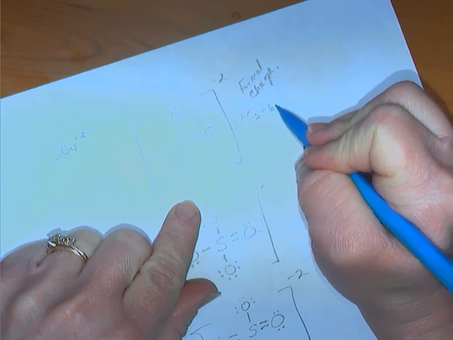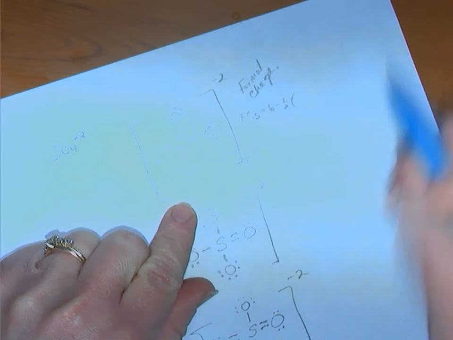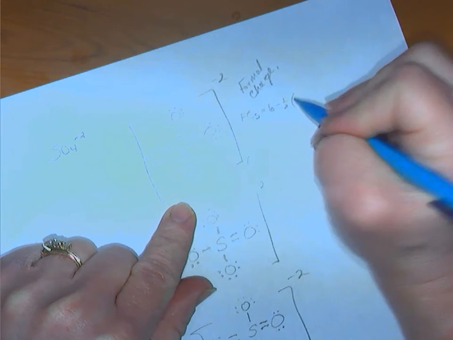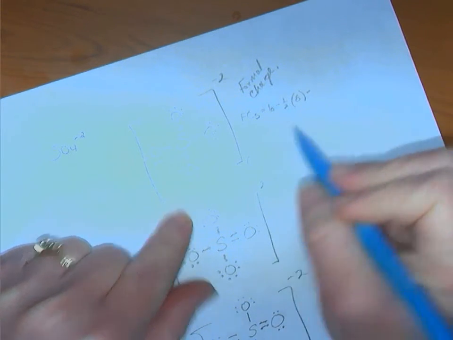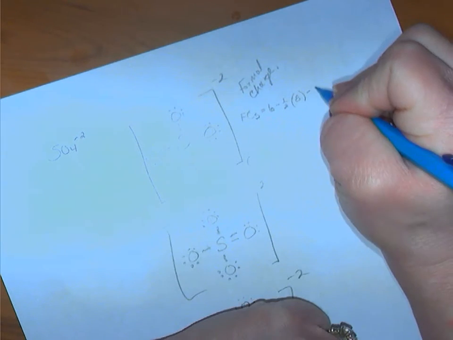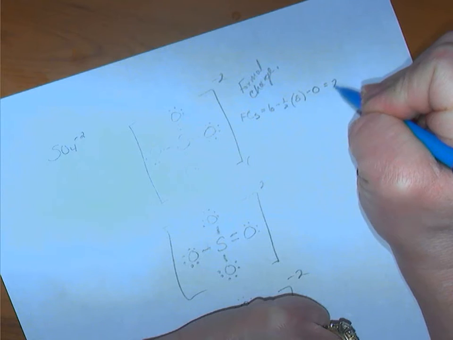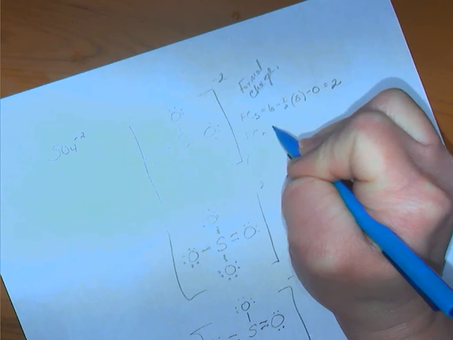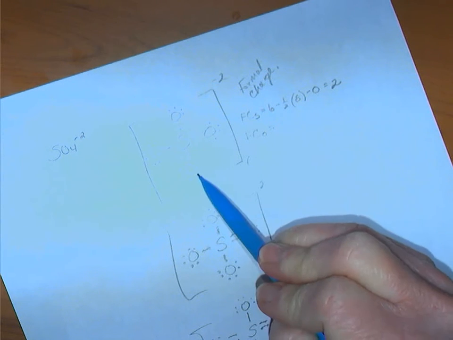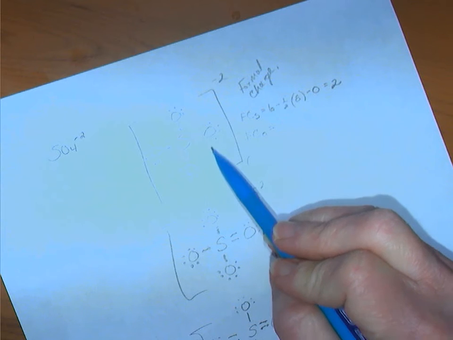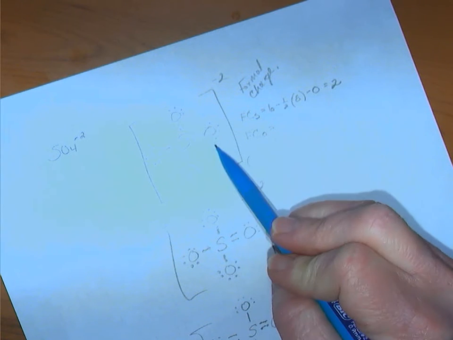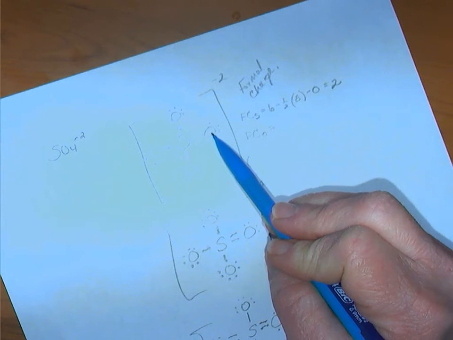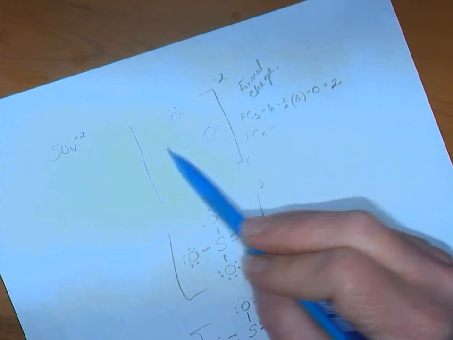6 from its place on the periodic table, minus 1/2 the number of electrons that are shared in bonds, 2, 4, 6, 8, minus the number of lone electrons, which we have none on that sulfur. So the formal charge on this sulfur is 2. Let's now calculate for oxygen. Do we see that all of these oxygens are bonded the same? A single bond to sulfur with 3 lone pairs. So the value that I get for this will count and represent this oxygen and this one and this one and this one.